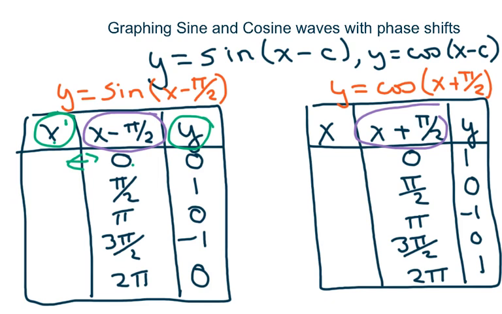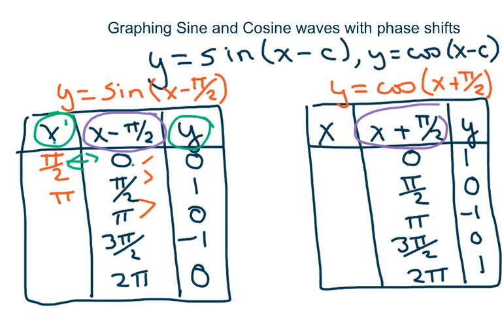So you're going to add pi over 2 to all of these. When I add pi over 2, I'm going to get pi over 2, because pi over 2 minus pi over 2 is 0. Then I add pi over 2 to pi over 2, and that's pi. And I'm going to add pi over 2 again. Remember, we're adding 90 degrees, so all we're doing is going by 90s.